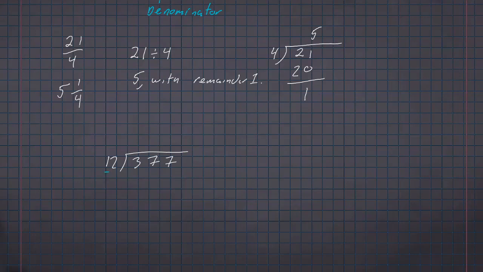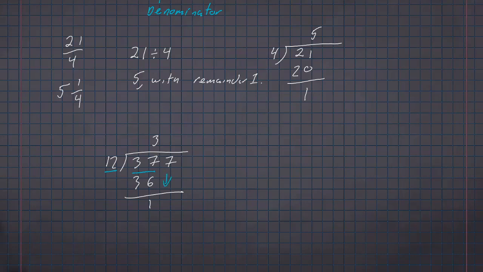We start off, 12 goes into 37, where it will fit 3 times. 3 times 12 is 36. Subtract that off and we get 1.